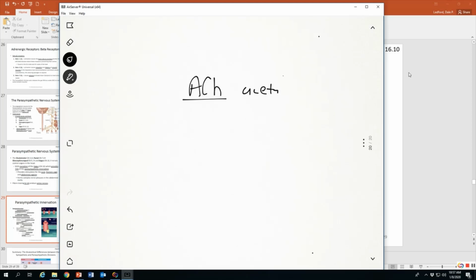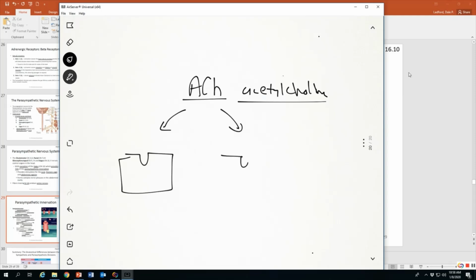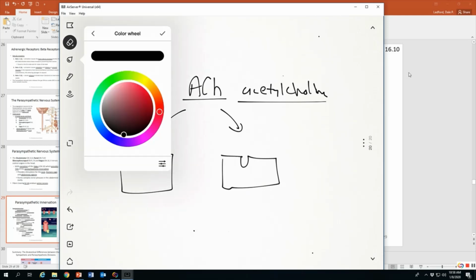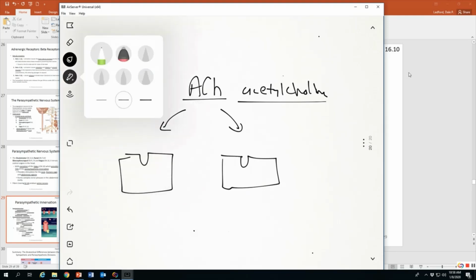It's being slow on me. Acetylcholine. That is cholinergic. Now, ACh can go to one of two kinds of receptors that are parasympathetic receptors. This would be mostly parasympathetic.